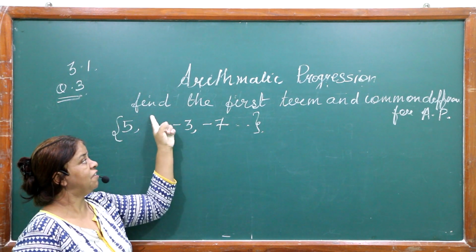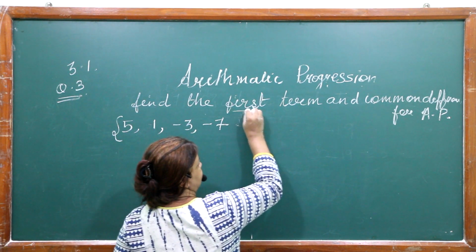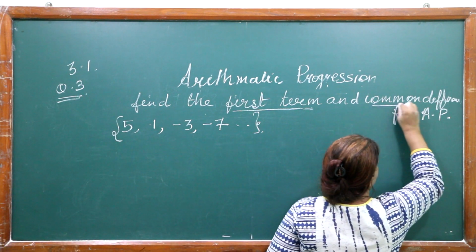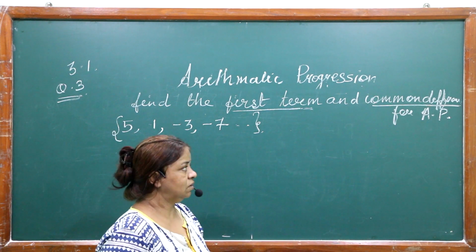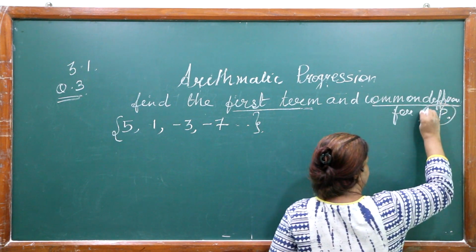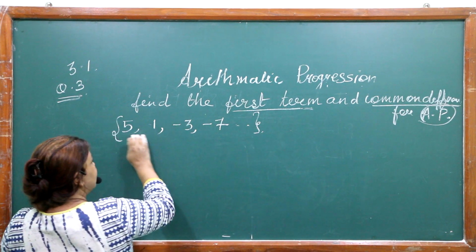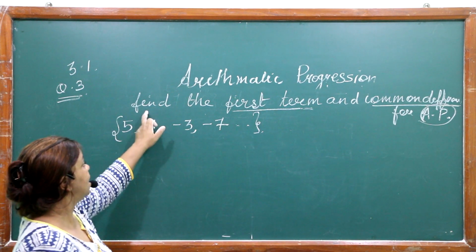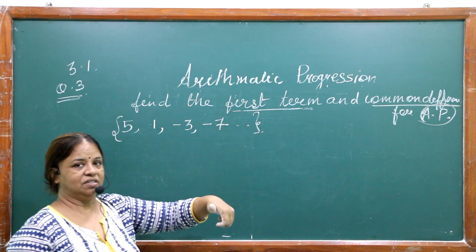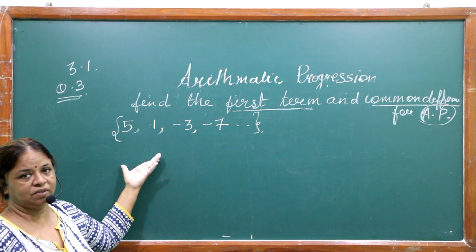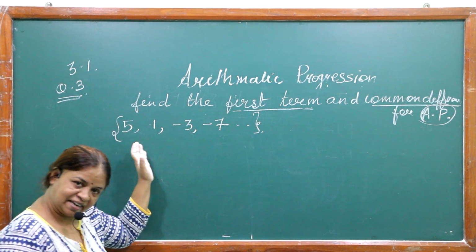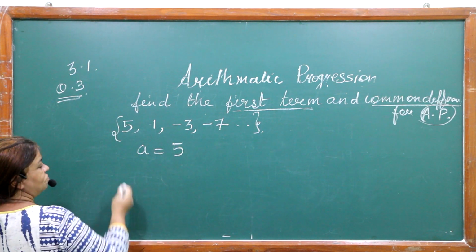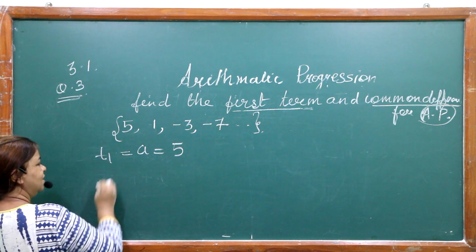The question is, find the first term and the common difference. Now the sequence which is given is an AP and we want to find out the first term. Yes children, I hope now you know what the first term is. Many of you must be answering, and that is right. Yes, A is equal to 5, which is nothing but term 1.